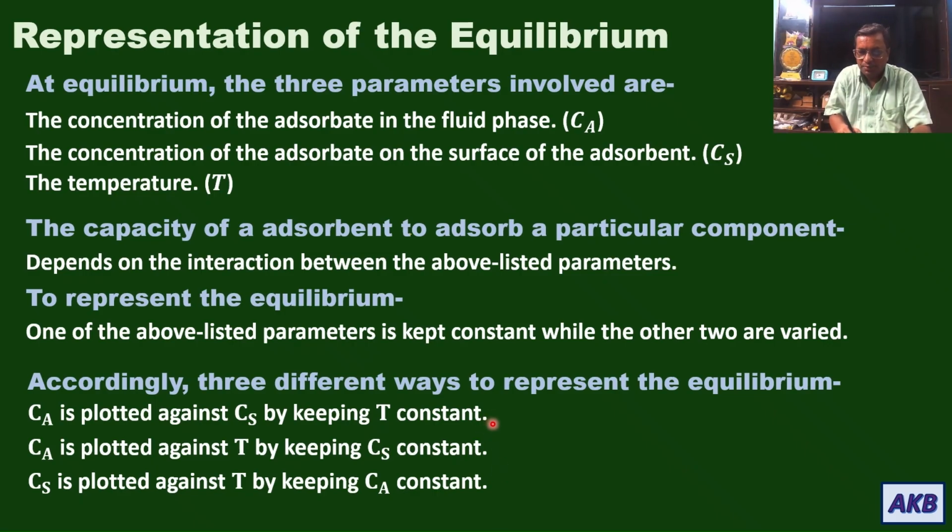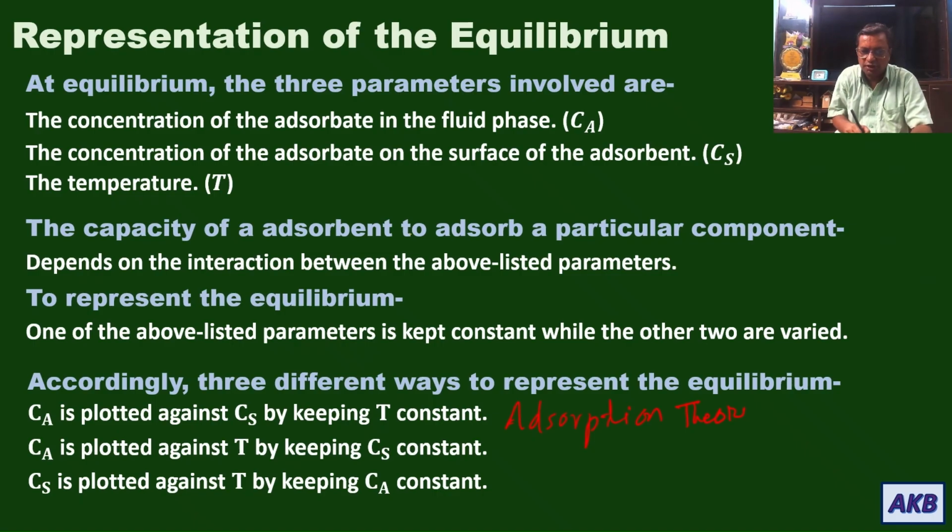And when temperature is kept constant, the resulting curve is nothing but the adsorption isotherm. So you get the adsorption isotherm when you plot Ca against Cs by keeping temperature constant.